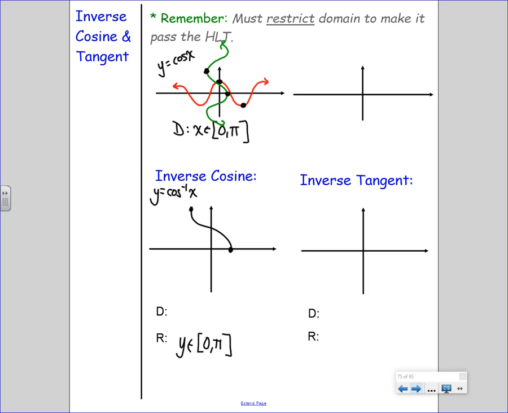Back with cosine, the domain was just between 0 and pi. The range was in between -1 and 1. For the inverse, everything flips. So now the domain is in between -1 and 1. So that's why the picture. What was on the y is now on the x, and what was on the x is now on the y.